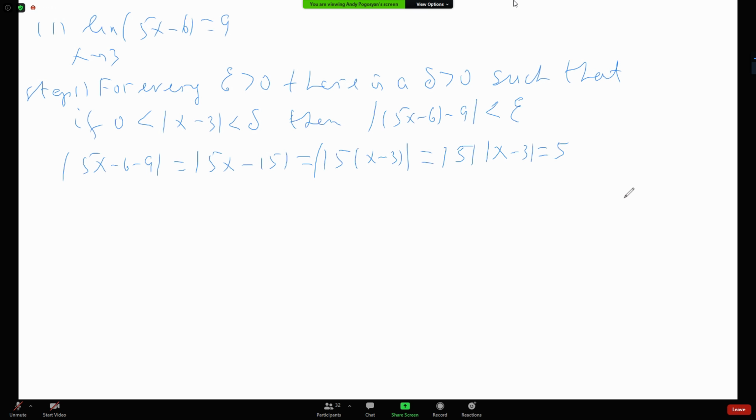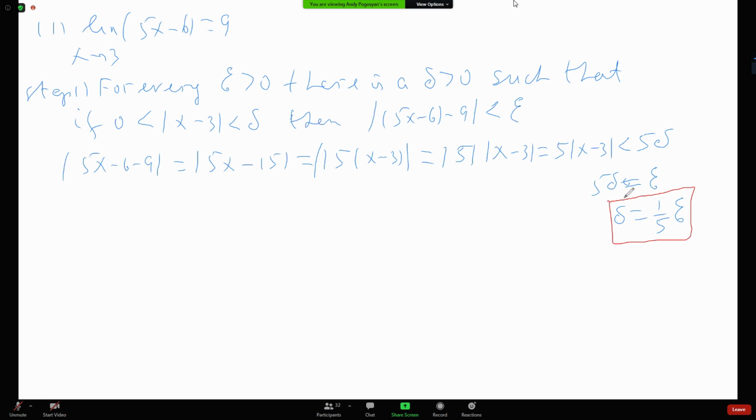Since x minus 3 is less than delta, this is less than 5 delta. So we choose it to equal epsilon. Delta should be 1 over 5 epsilon. First step is done.